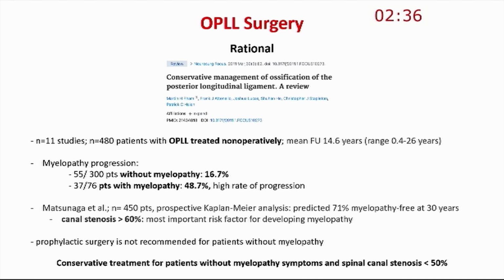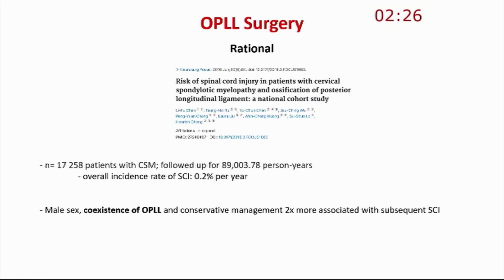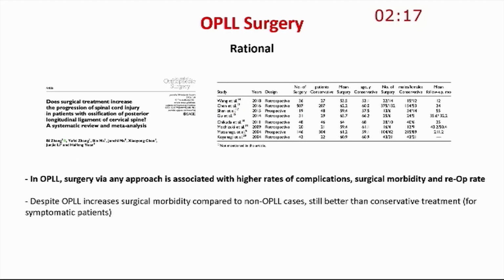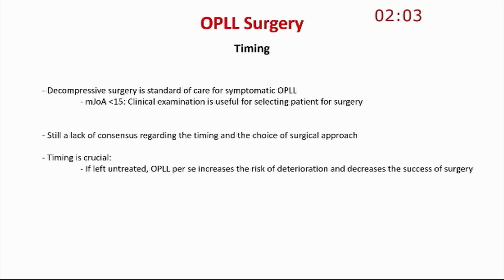So conservative treatment for patients without myelopathy symptoms and canal stenosis less than 50%. Also, it shows that the chance of spinal cord injury is 2 times higher if you have OPLL. Speaking about surgery, OPLL surgery via any approach is associated with higher complication rates, surgical morbidity, and reoperation rate, still better anyway than conservative treatment.